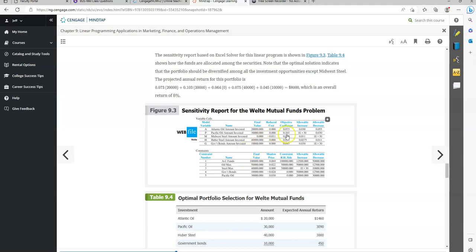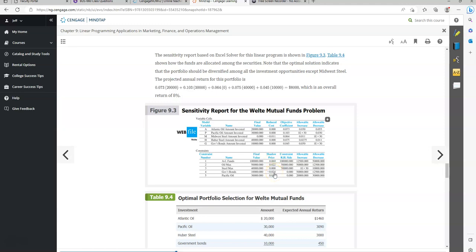What are the interesting items here? Obviously, objective function coefficients: how much can they increase or decrease without changing the optimal solution? Again, the optimal solution being the mix of the decision variables themselves. And then down here, what is typically of interest is anything that has a shadow price that is non-zero.